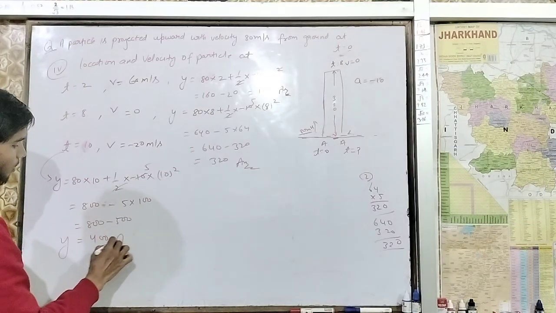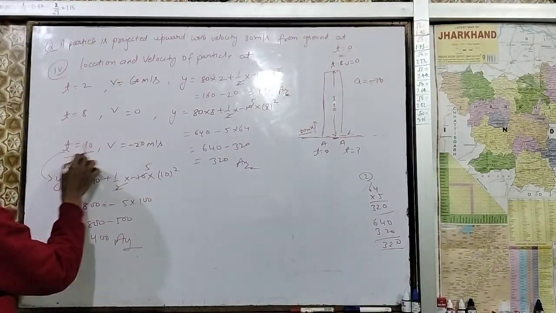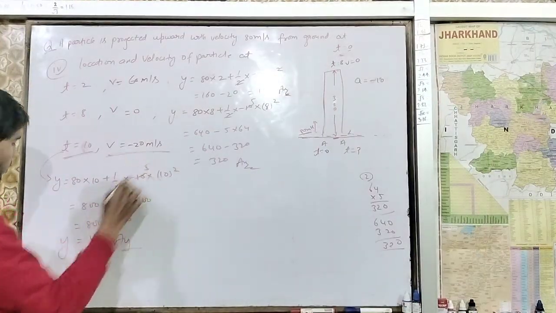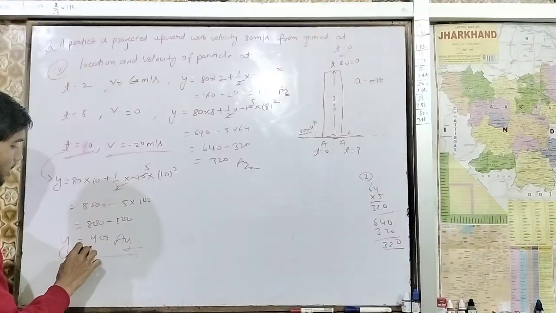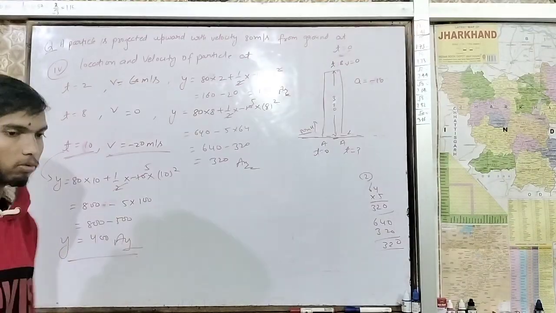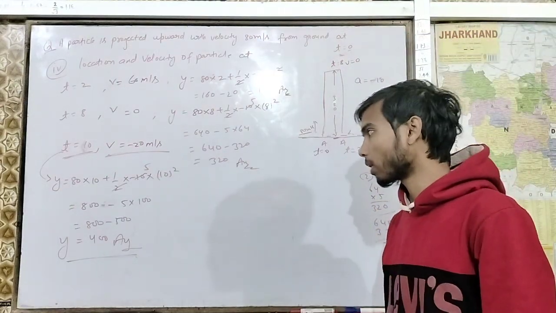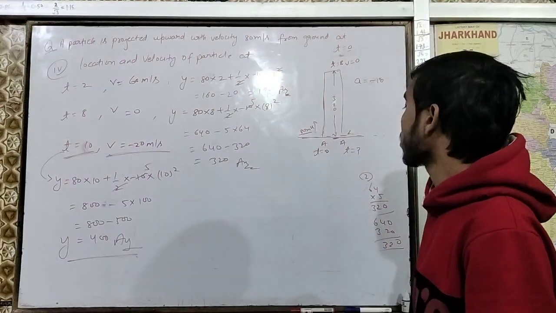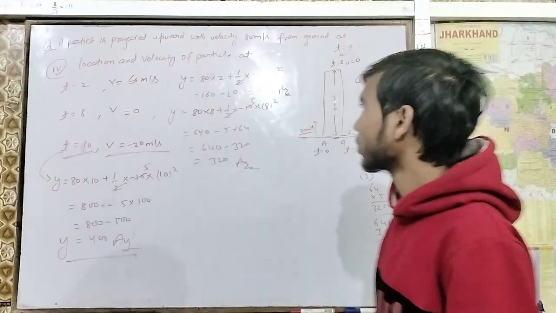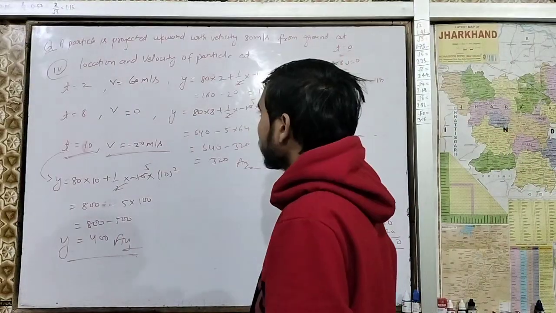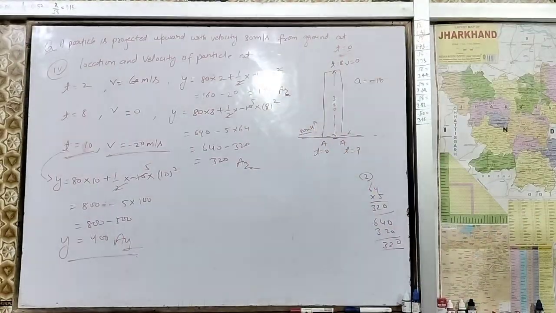This is your y answer. At 10 seconds, velocity is this much and the location of the particle is at 300 along the y-axis. This question is done.